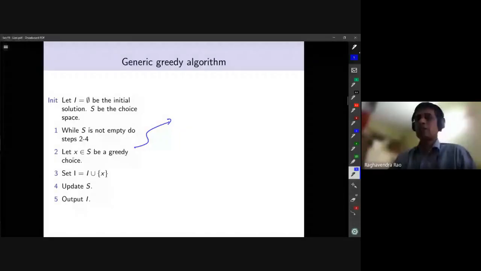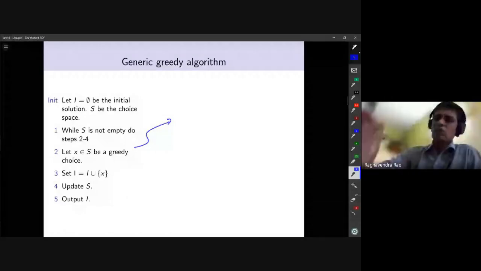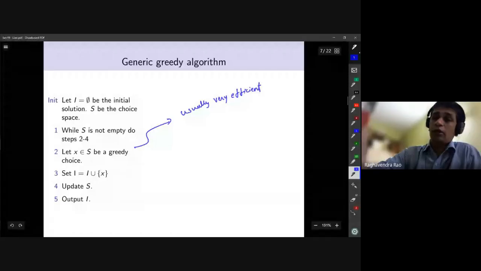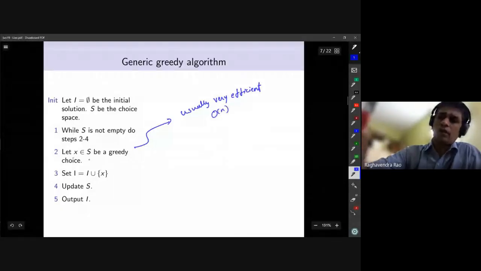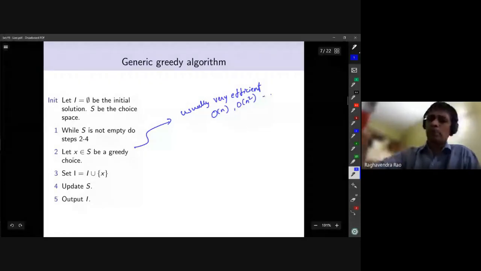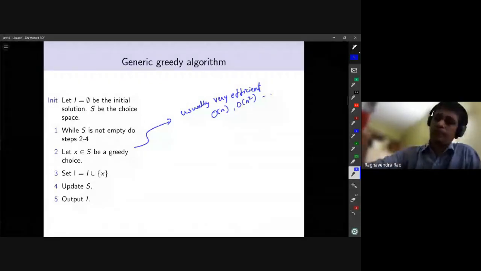They are essentially very simple to implement. So this greedy choice usually should be very efficient. You can say order n time. Ideally order 1 time will be good, or even order n square time. It should not be something which consumes exponential time, like 2 power n, etc.